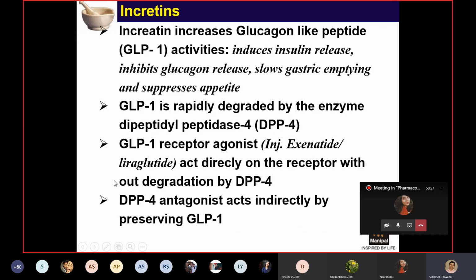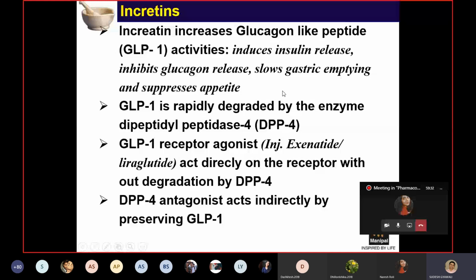And the next one, DPP4 antagonists. Antagonists like sitagliptin, linagliptin, teneligliptin are drugs which are slowly gaining popularity in diabetes mellitus. What they do is they antagonize this DPP4 enzyme, and since it blocks this, GLP will not be degraded and GLP will induce insulin release.